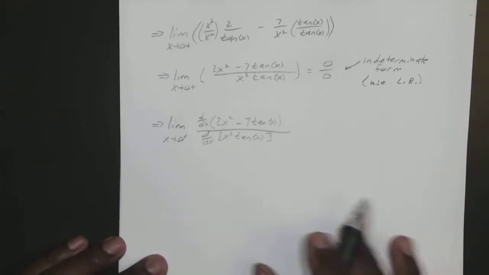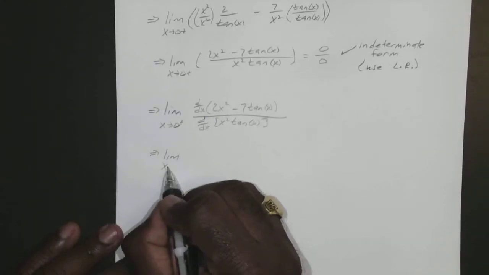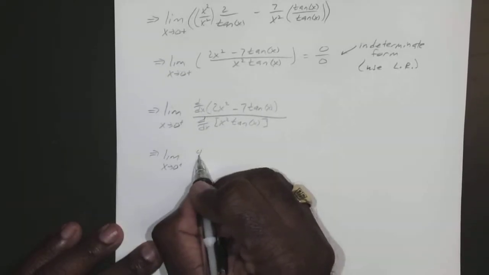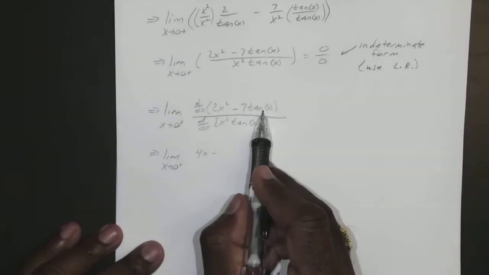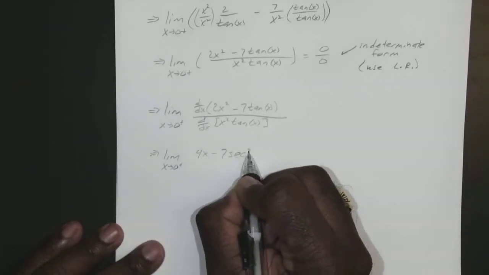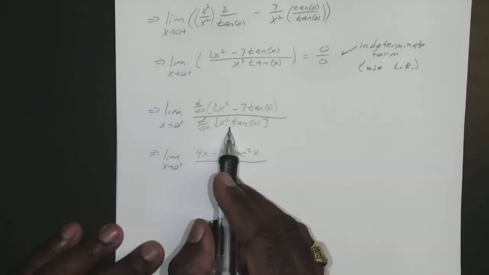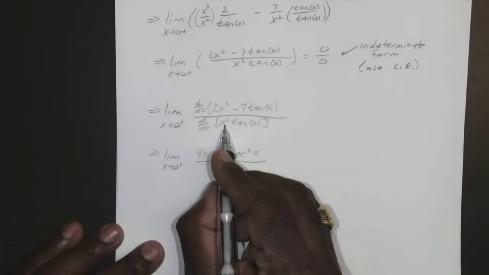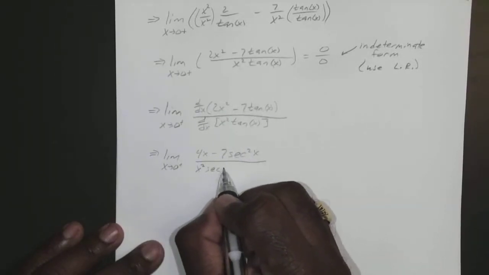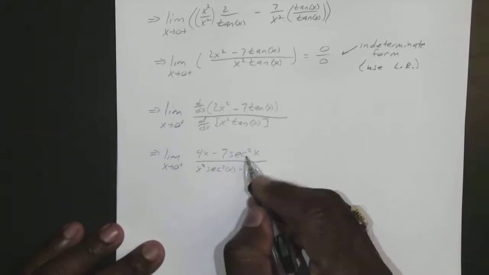So that's going to equal the limit as x approaches 0 from the right of 4x minus 7 times secant squared x, divided by, here we're going to have to use the product rule. So you have x squared times secant squared x minus 2x times tangent of x.